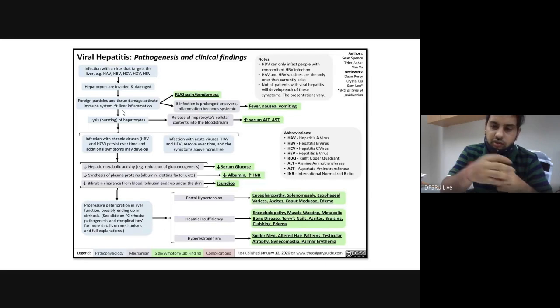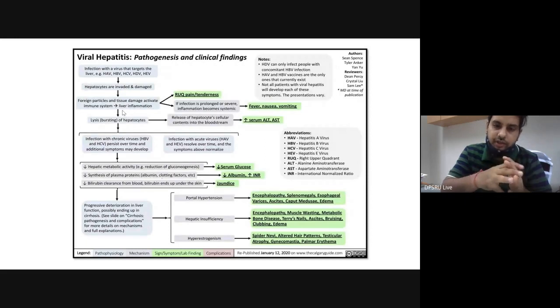After sensing, you all know what will happen. It activates the MAP kinase and NF-kappa B pathways, and then produces cytokines. In viral infections, interferons play a major role, and interferons have an antiviral response.